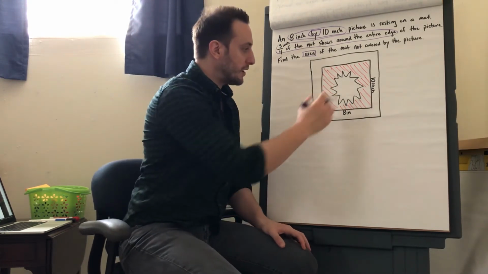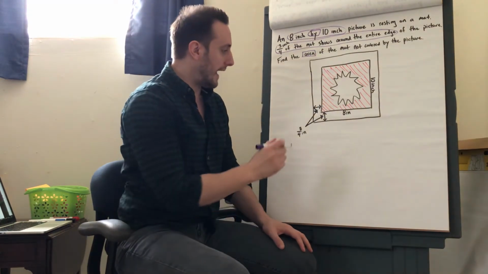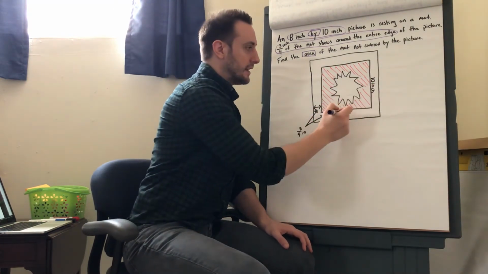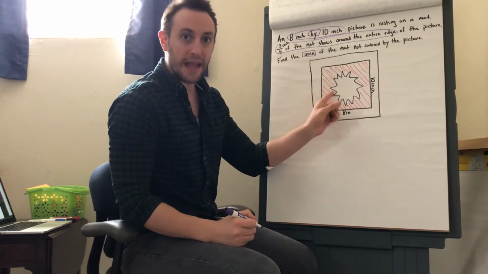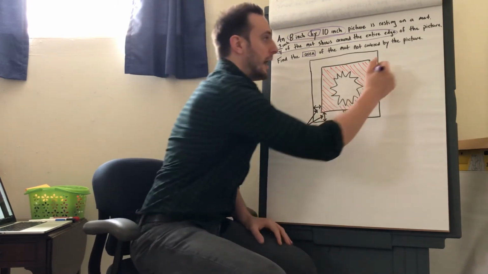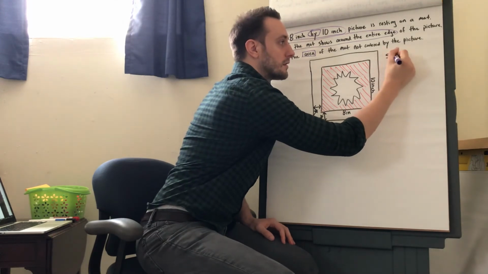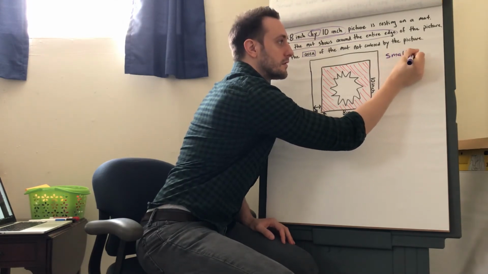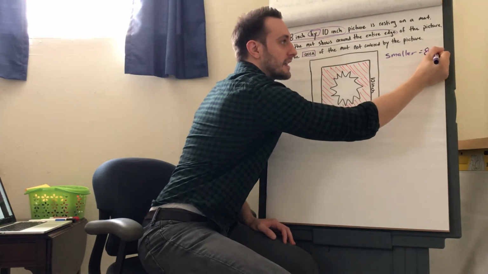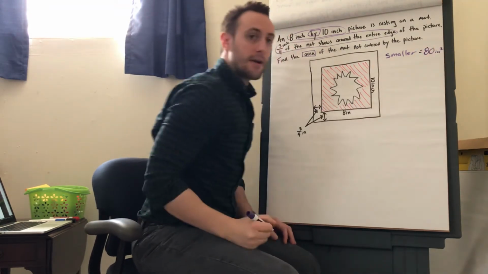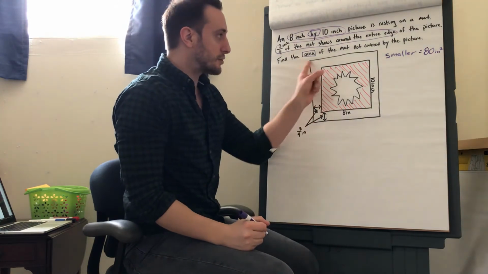So let's go ahead and do that. So I have 10 inches times 8 inches. Very simple. The area of this, the smaller one, I'm going to put smaller, is mental math. We figured that out, it is 80 inches squared. And then we're going to have to subtract the bigger one.